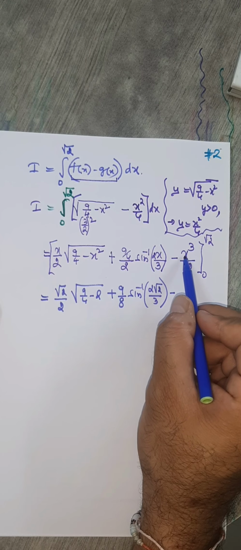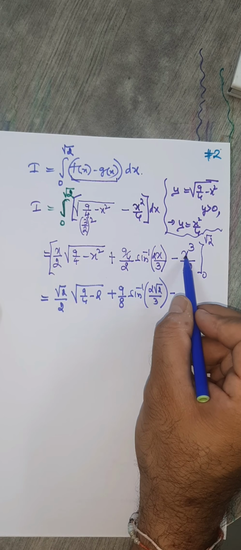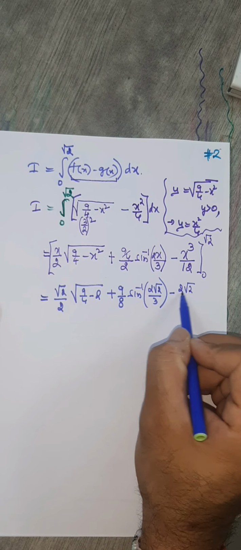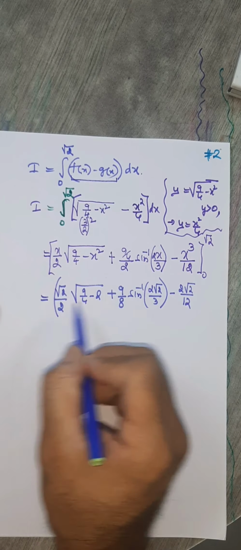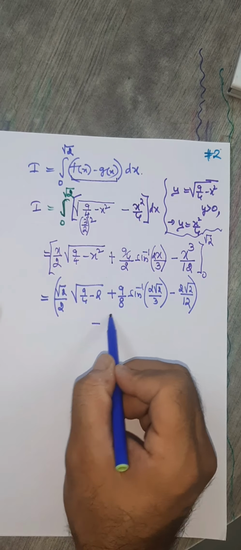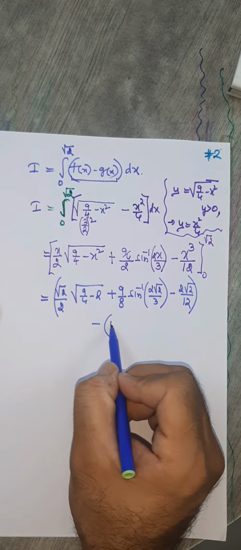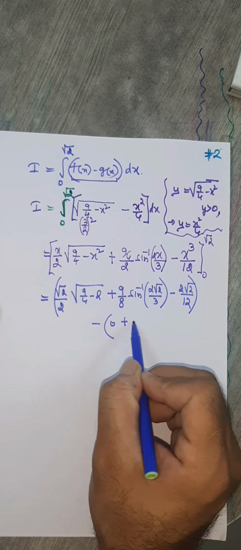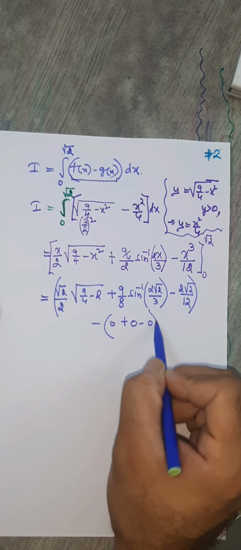Root 2 how many times? 3 times. So it will be 2 root 2 by 12. This is the upper limit. Minus, what about the lower limit? Here this is 0. You know sine inverse 0 is 0, and this is also 0.